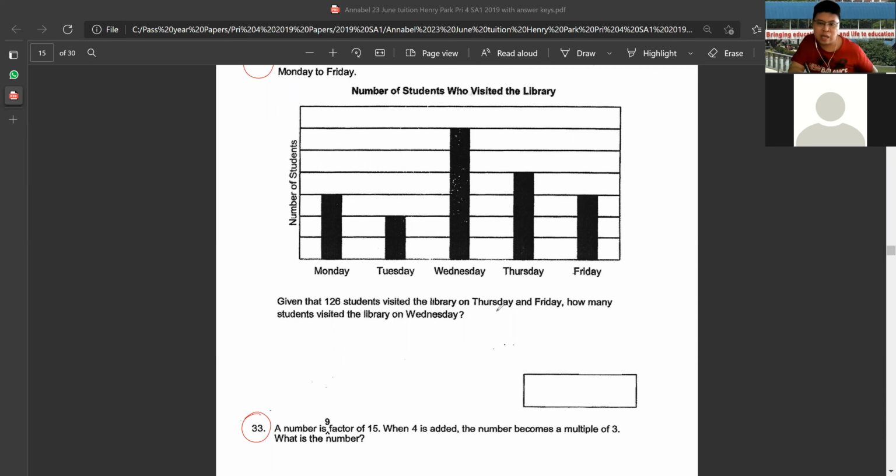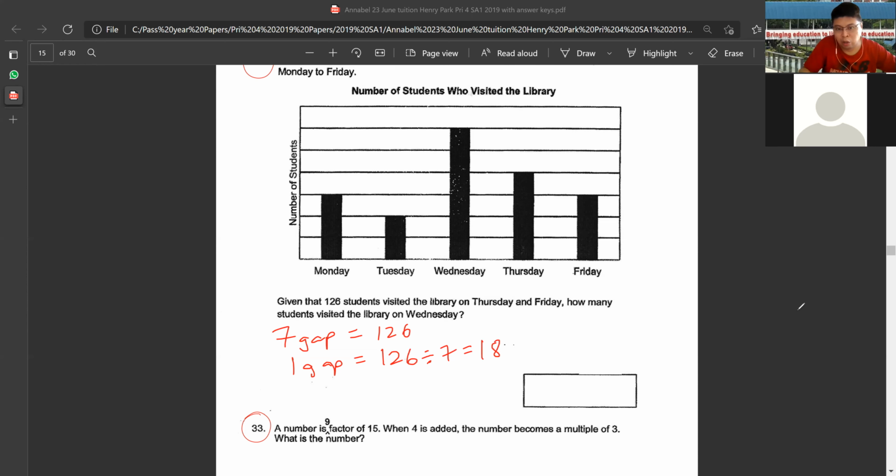Altogether 7 gaps. So 7 gaps is 126 students. One gap is how many? 126 divided by 7. That'll give you 18.